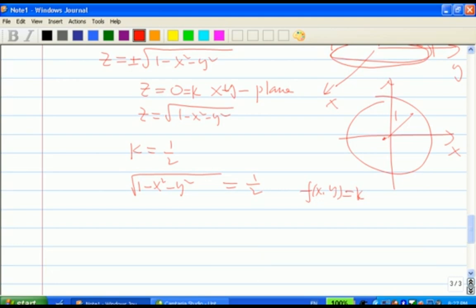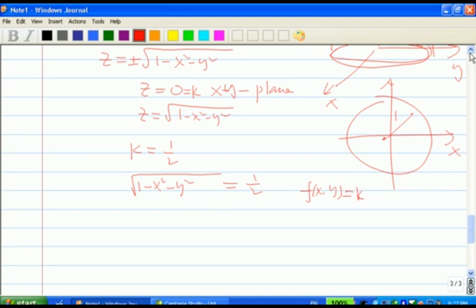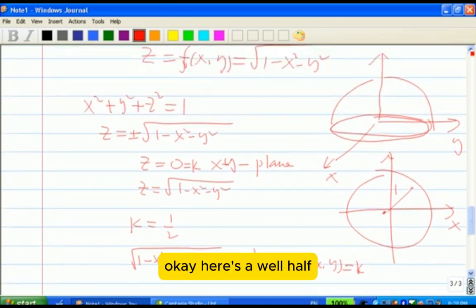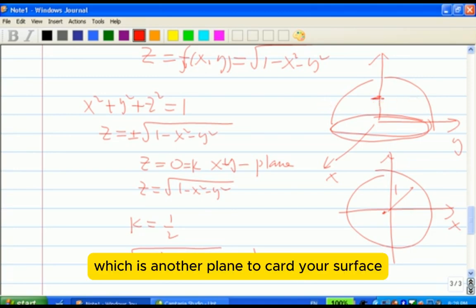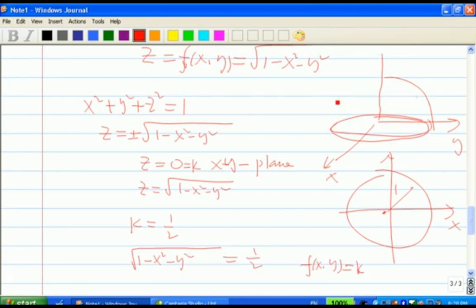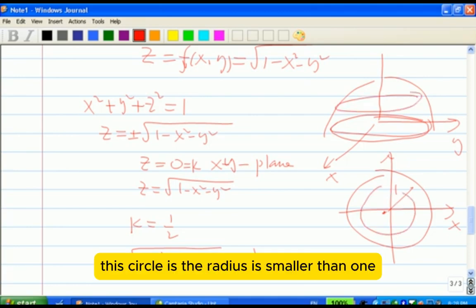So this one gives you another curve. What curve is that? Here's 1/2. So you use z equal to 1/2, which is another plane, to cut your surface. You get another circle, with radius smaller than 1.